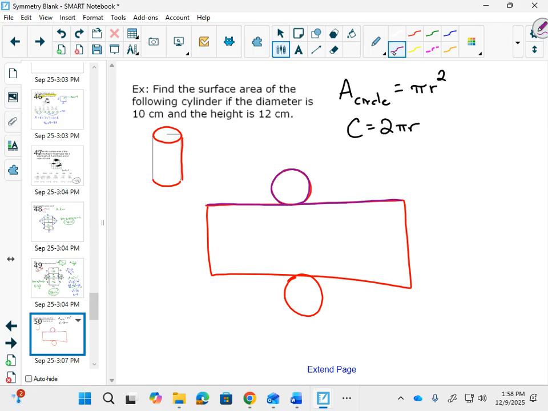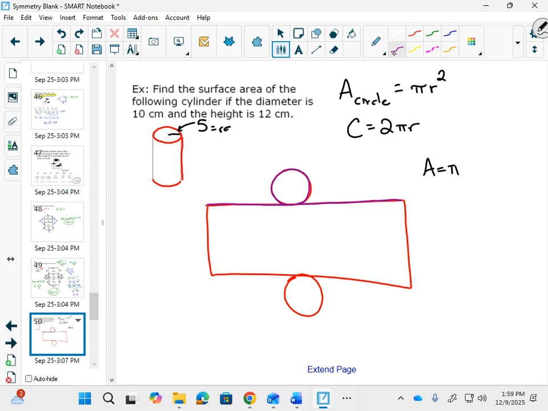So, if I want to find the area of a circle, it's pi. My radius is, how long is this part right here? Read the question carefully and see if you can tell what the size of the radius would be. 5. Excellent. Because it tells us the diameter is 10.